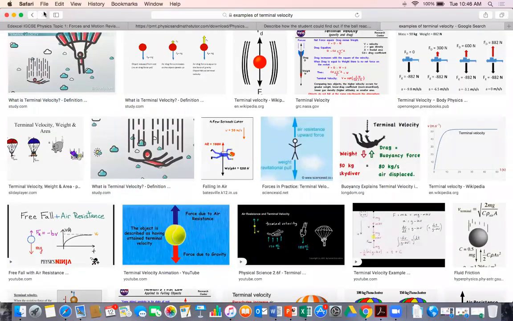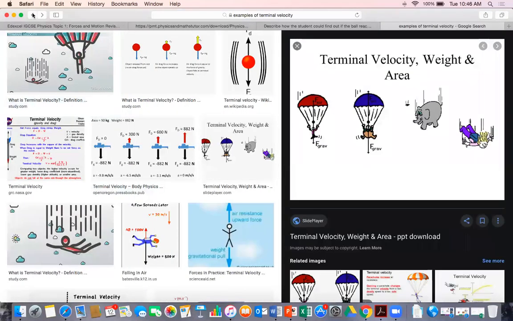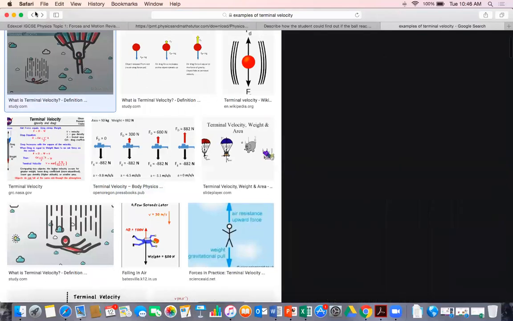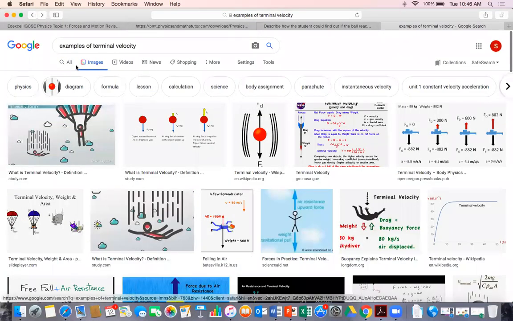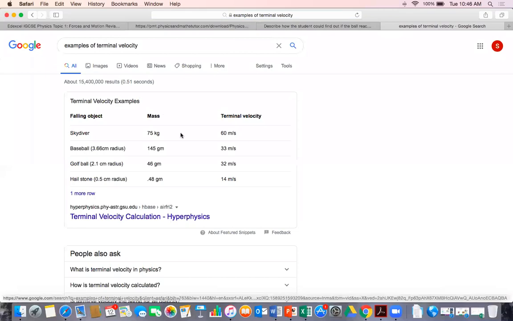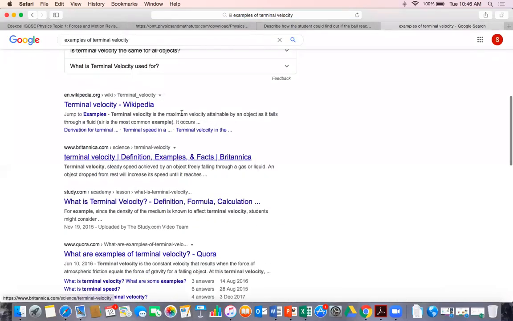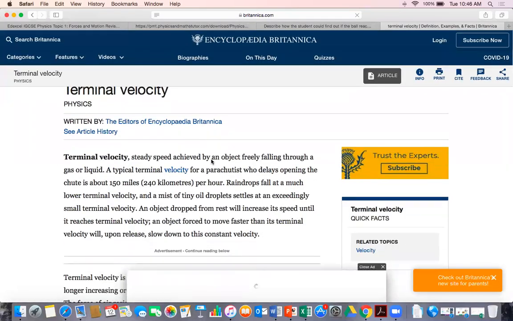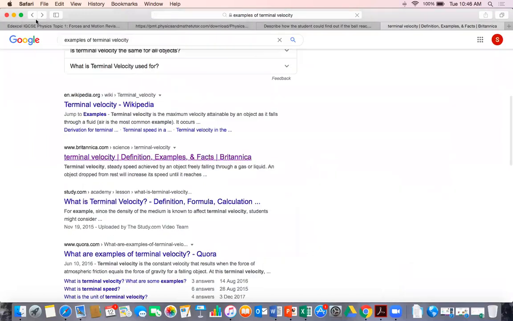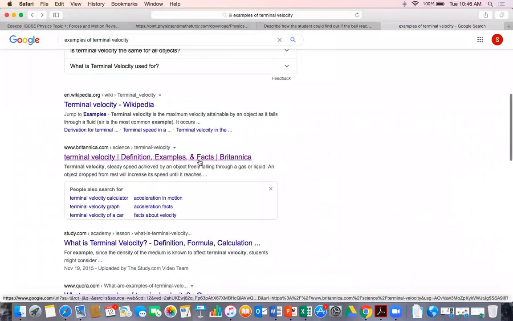A lot of examples you can see. Or you can also go here: definition, examples, and facts. You see here, it says definition, examples, and facts.